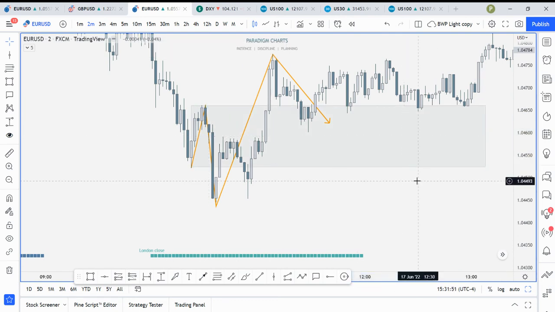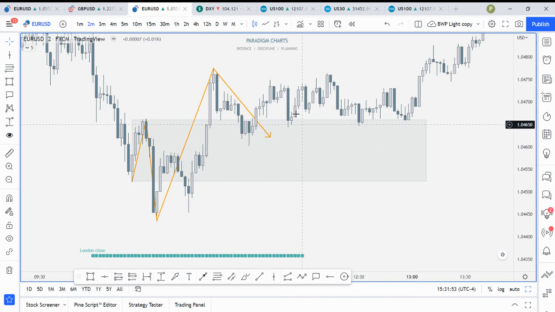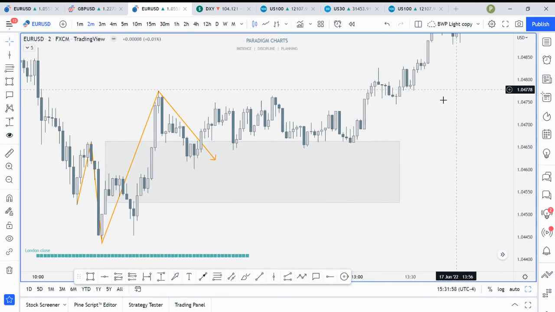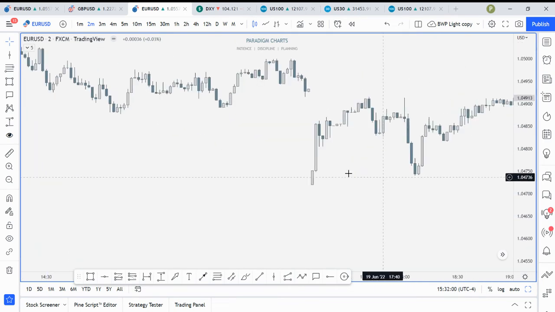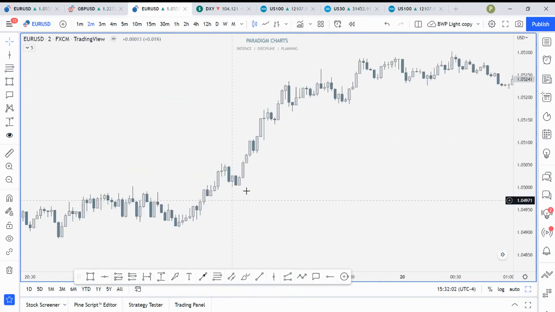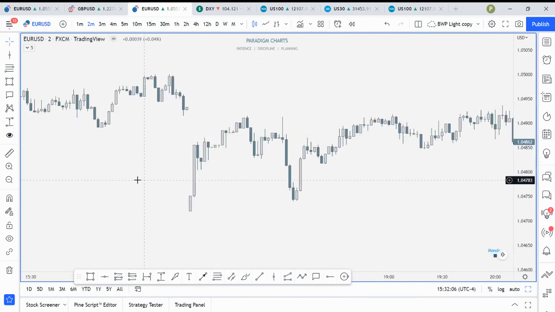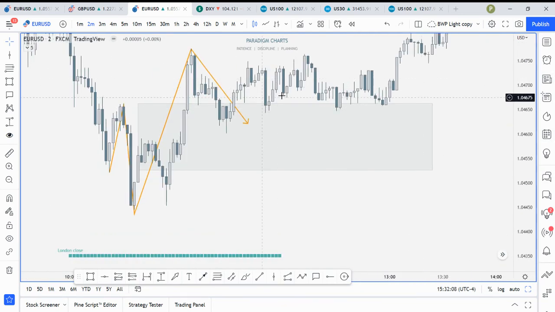You can see how price kept hitting it and was unable to break down, and then you see a move to the upside. So this is your breaker.